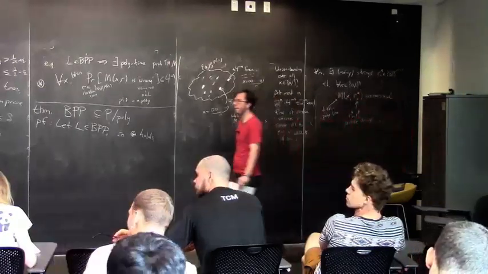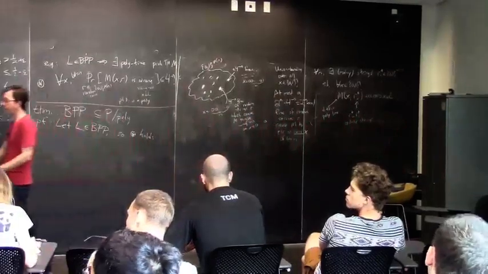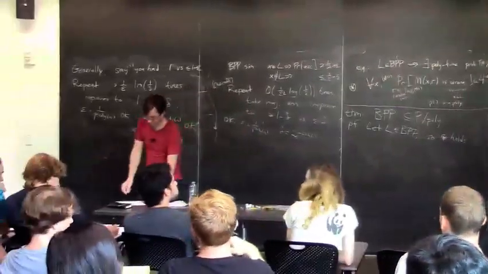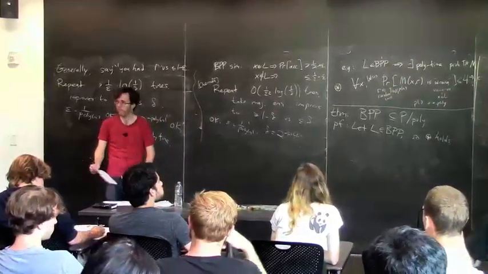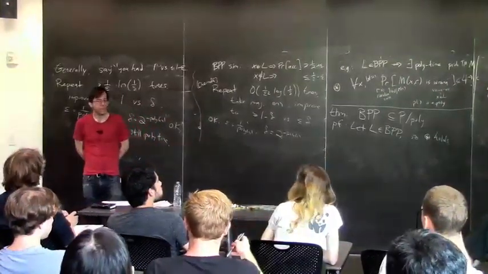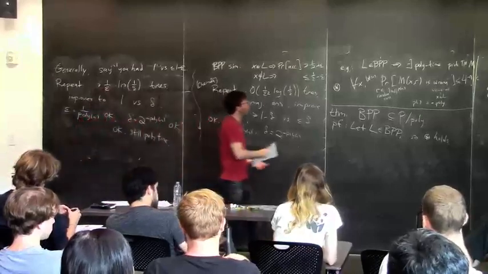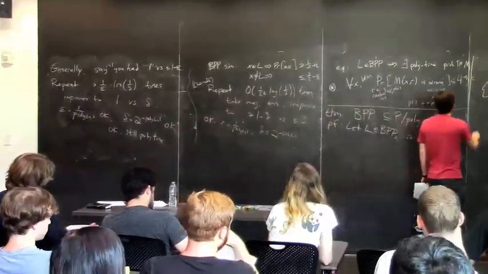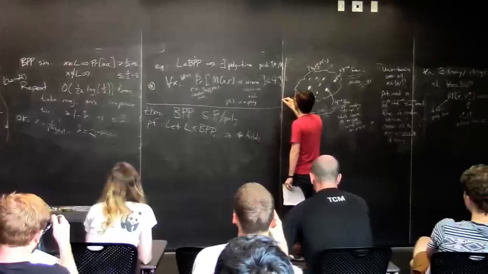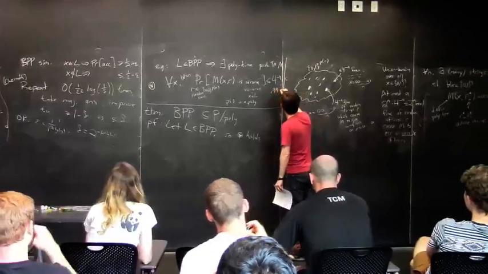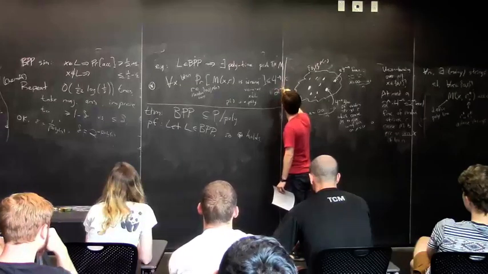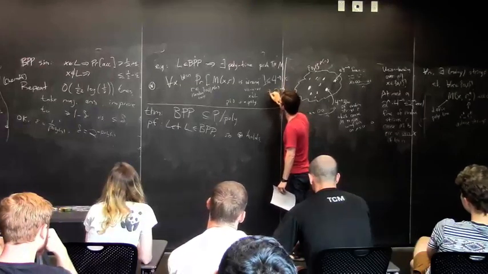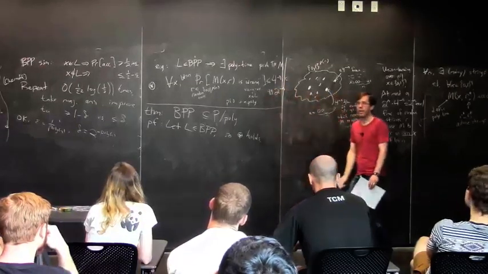Yep? What do you actually mean by union bounding over all the x? Isn't the assumption that there is some advice string that you get? Yeah, you need that this, so it would have been fine if you got this down to 0.99 times 2 to the minus n. That would have been fine.